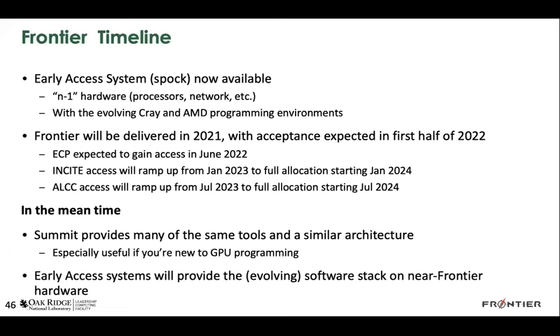So we expect to give general access starting June of 22. INCITE, which is the program that chooses projects of national importance, will ramp up from Jan 2023, and they will get access to the system in 2024.